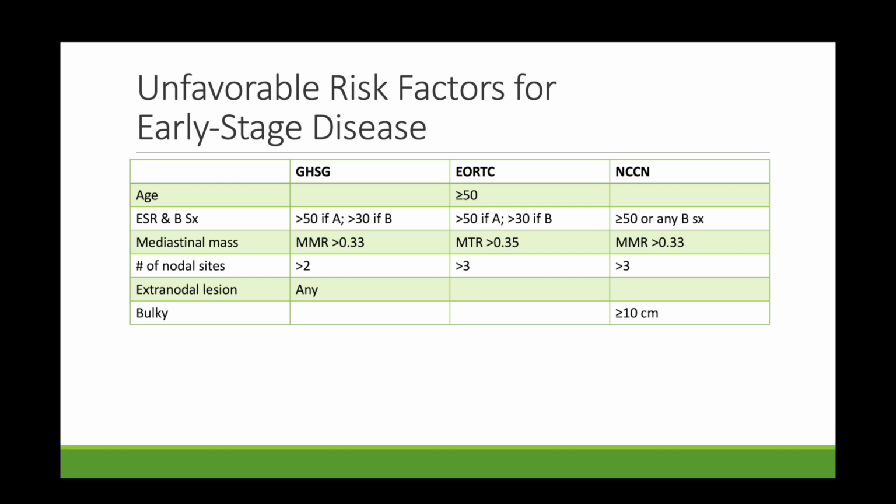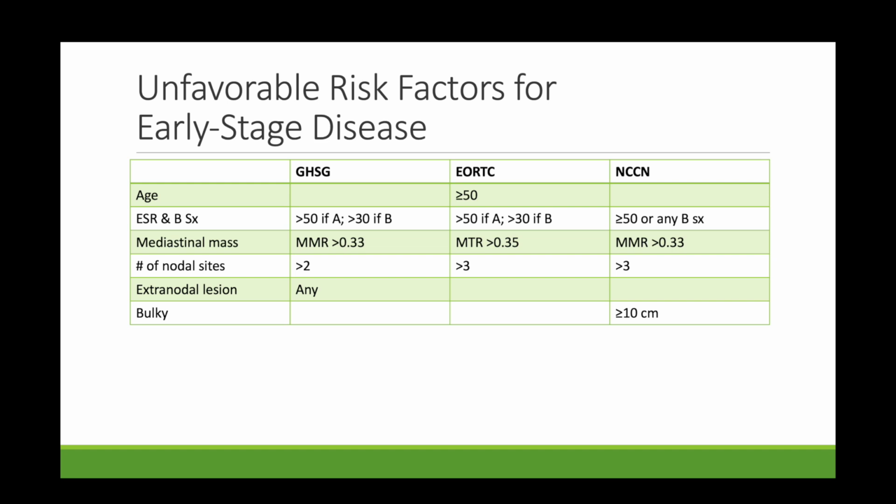EORTC cares about if they're elderly patients. They define an age cutoff as greater than or equal to 50, and NCCN cares about bulk, so if it's greater than or equal to 10 centimeters. But they're all thinking about the ESR, the mediastinal mass ratio, and the number of nodal sites.